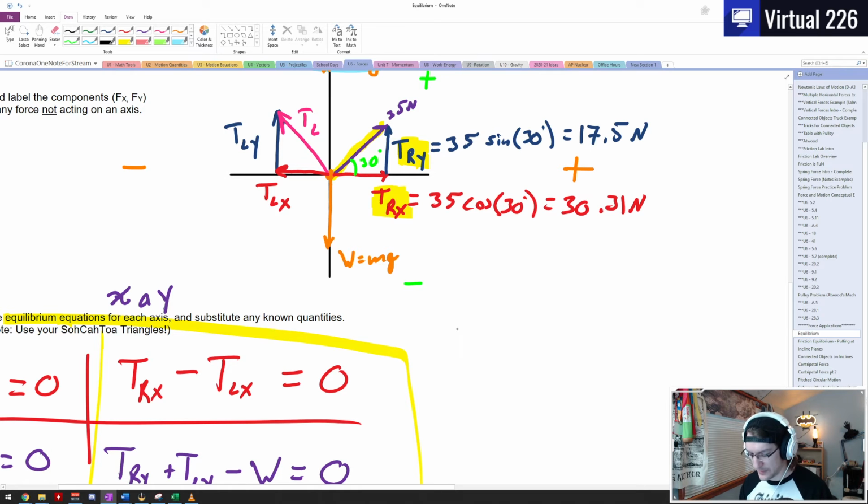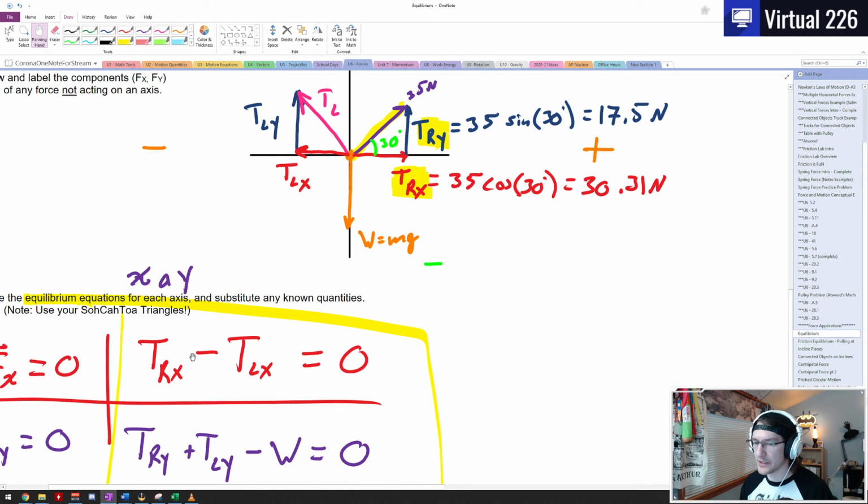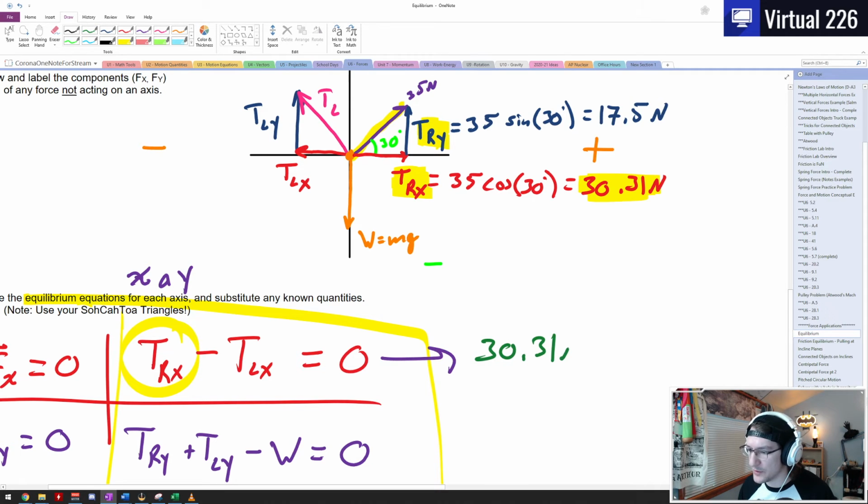So let's see, can we put any of these into this equation here? Well, we can put the 30.31 newtons right here in for Rx. And what's really nice is, since this is equal to 0, the x components have to be equal. So when we rewrite this equation, we say 30.31 newtons minus the left x amount equals 0.